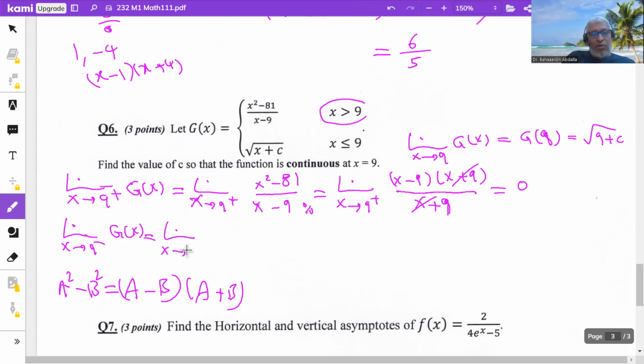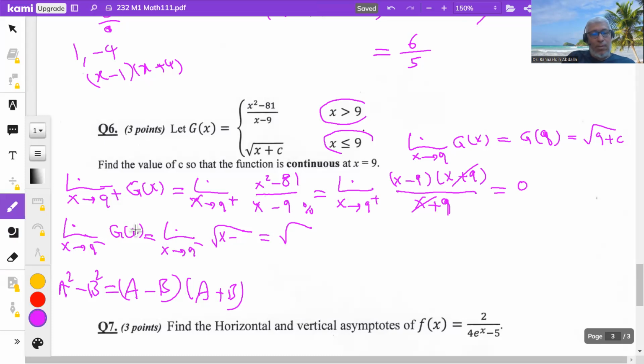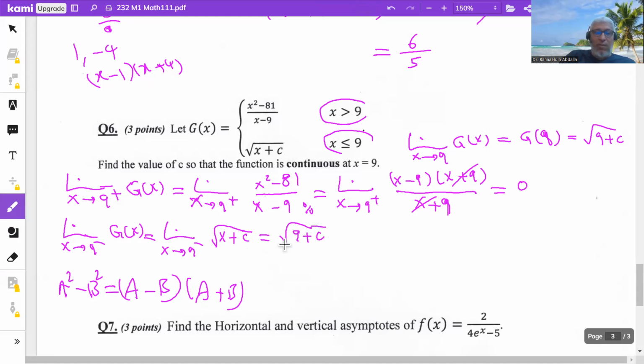Well, if I approach 9 from the left, I'll use this definition, which is in fact equal to g of 9. So it is square root of x plus c, square root of 9 plus c.